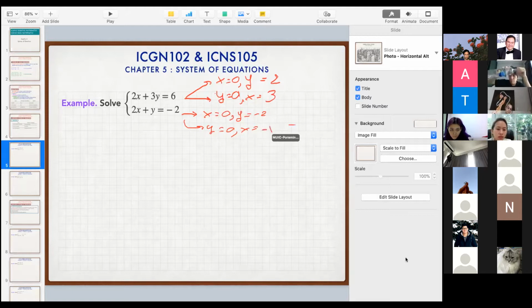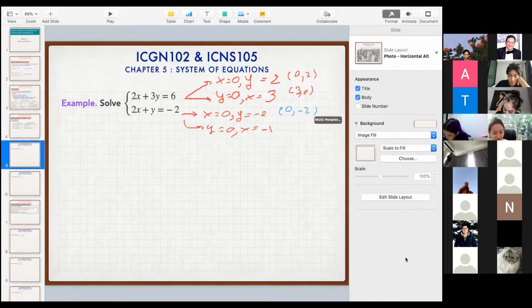That's correct. So we can find the coordinates. For the first line we get (0, 2) and (3, 0), and for the second line we have (0, -2) and (-1, 0). From here we just plot the graph.